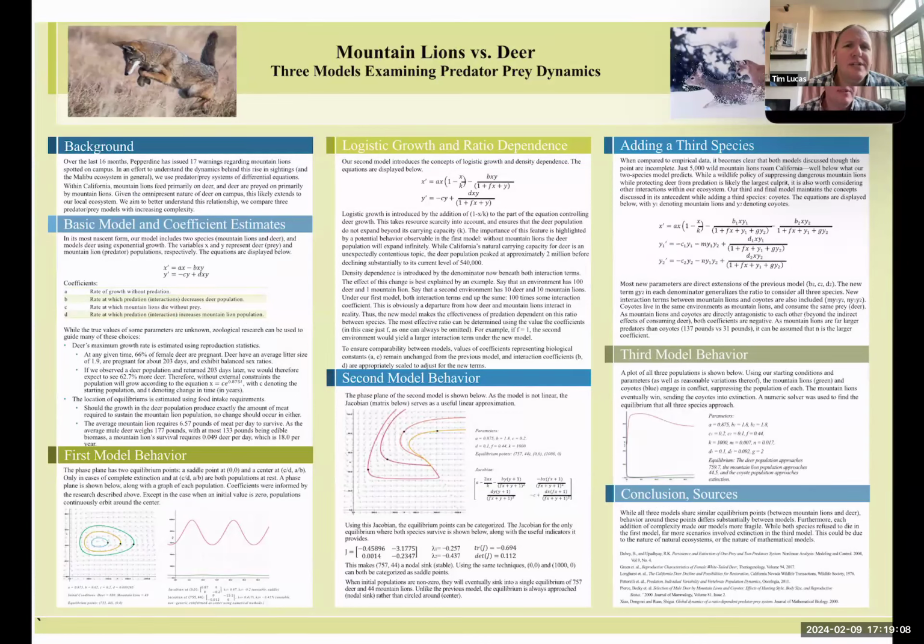Basically, we had some mountain lion sightings near campus. So students asked, what if we had a predator-prey model with mountain lions and deer? They first looked at a general predator-prey equation.